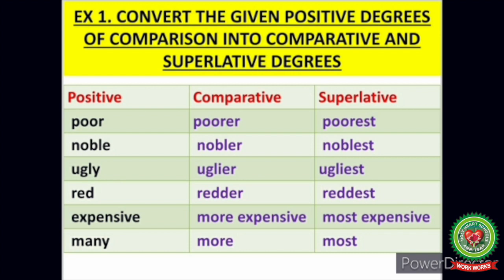It is a long adjective, so we will add more in comparative degree and most in superlative degree. So it will become more expensive and most expensive. Many. It is an exception to the rule, so it will become more in its comparative degree and most in its superlative degree.